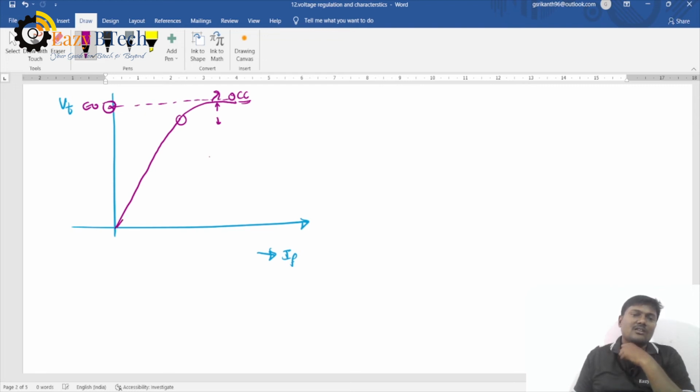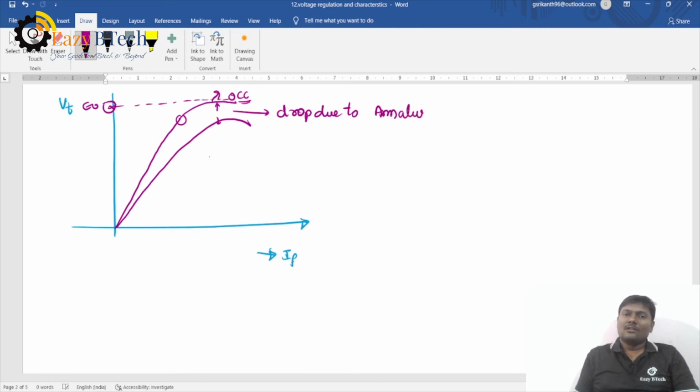Why? Because of the armature reaction, this gap is called the drop due to armature reaction. And the third one, one more drop is also there, that is called the IARA drop. So again the curve will be shifted downwards.